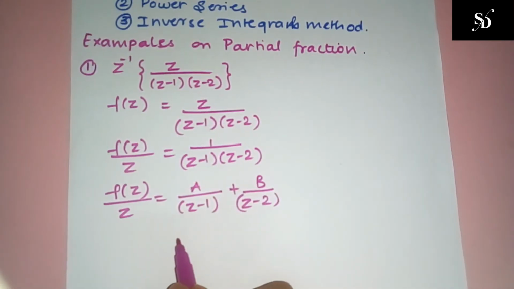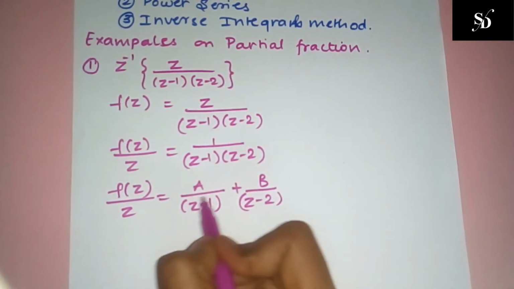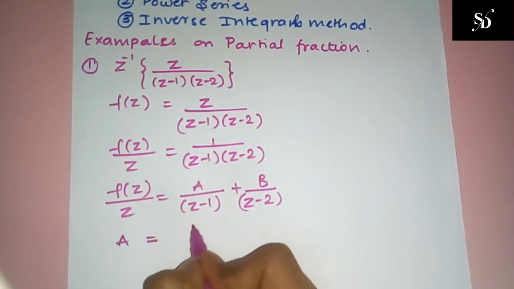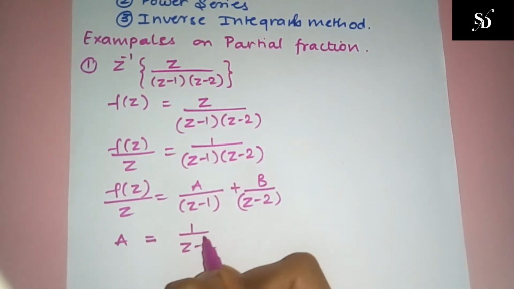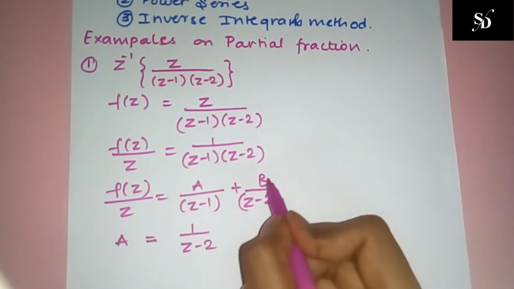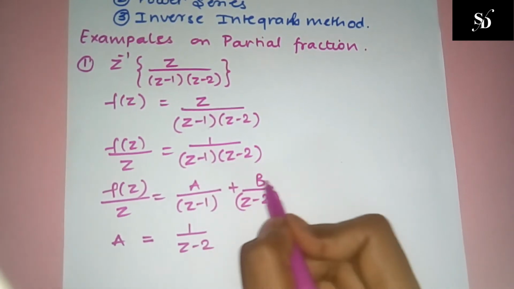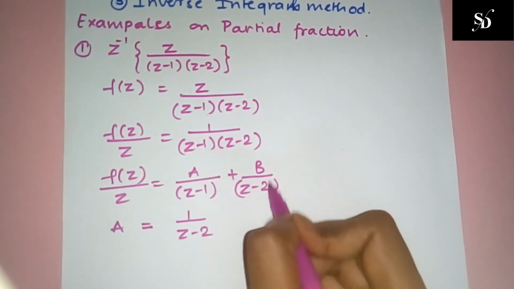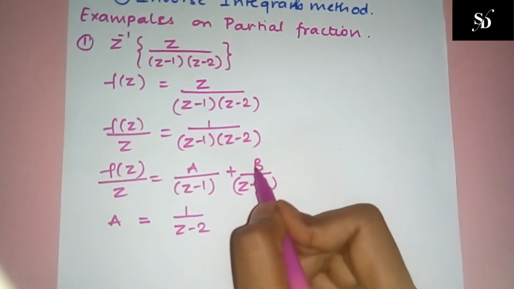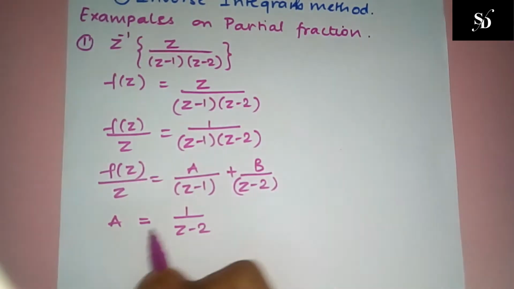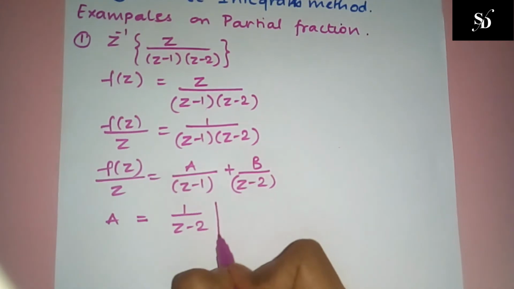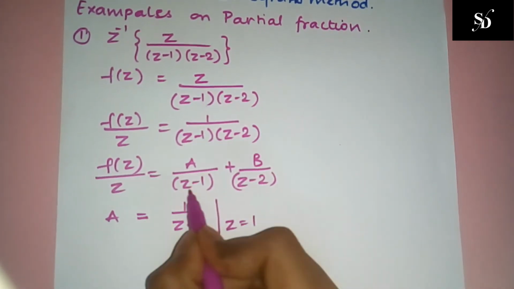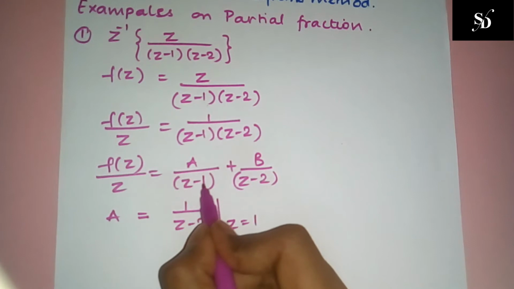If we want to find A, the value of A is equal to 1 upon (z minus 2), that is, the second term. We won't consider it as B, we'll consider it as 1. So A is equal to 1 upon (z minus 2), where we'll put z equal to 1, because over here we have z minus 1 equal to 0.